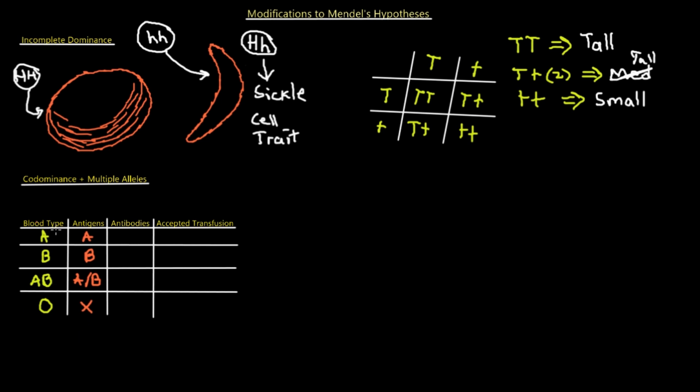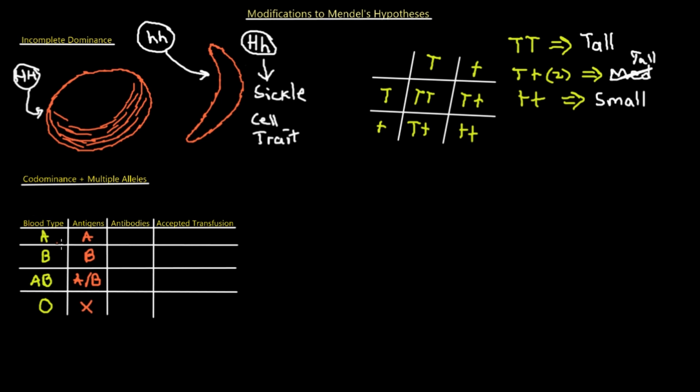What this really means is that the immune system is never going to attack the A antigen for blood type A, and it will not attack the B antigen for blood type B, because these will be recognized as self cells. These are cells that are in our own body, so the immune system will know that it's its own body, and it will not attack these blood type antigens.